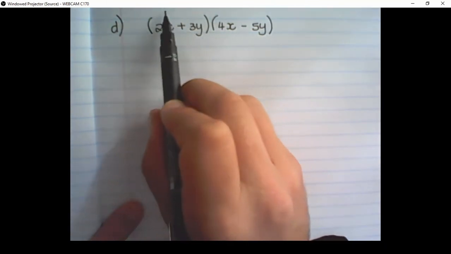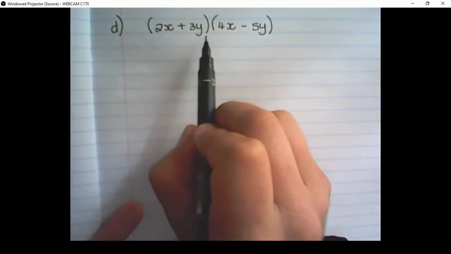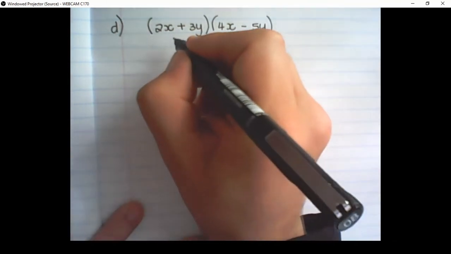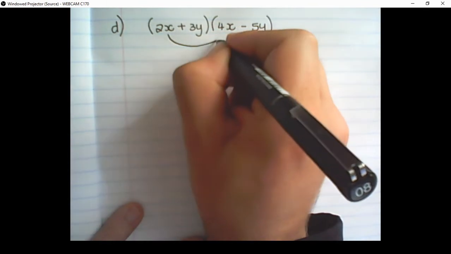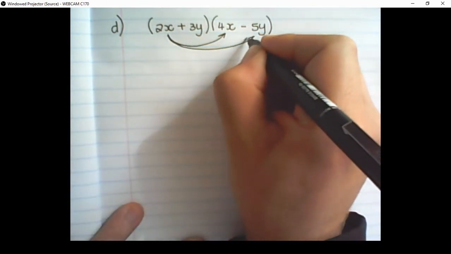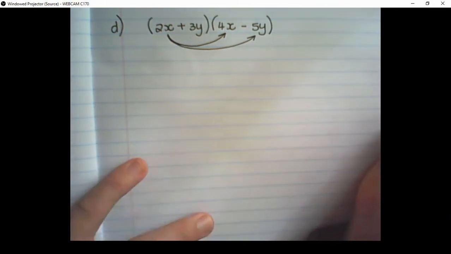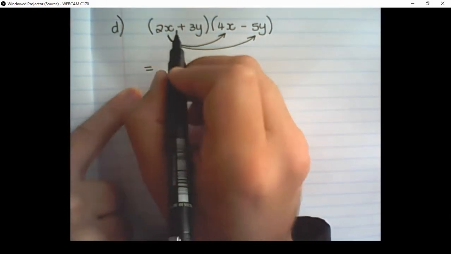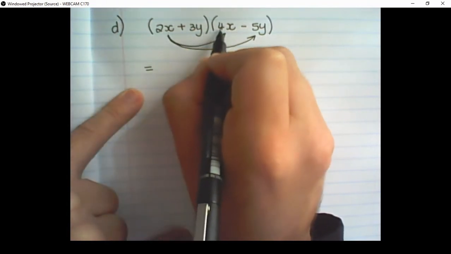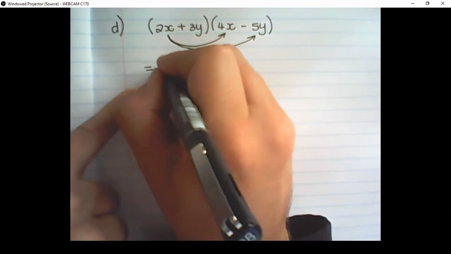We multiply everything in the bracket on the left with everything in the bracket on the right. So we will have 2x multiplied with 4x and 2x multiplied with negative 5y, which will give us 2x times 4x. 2 times 4 is 8.